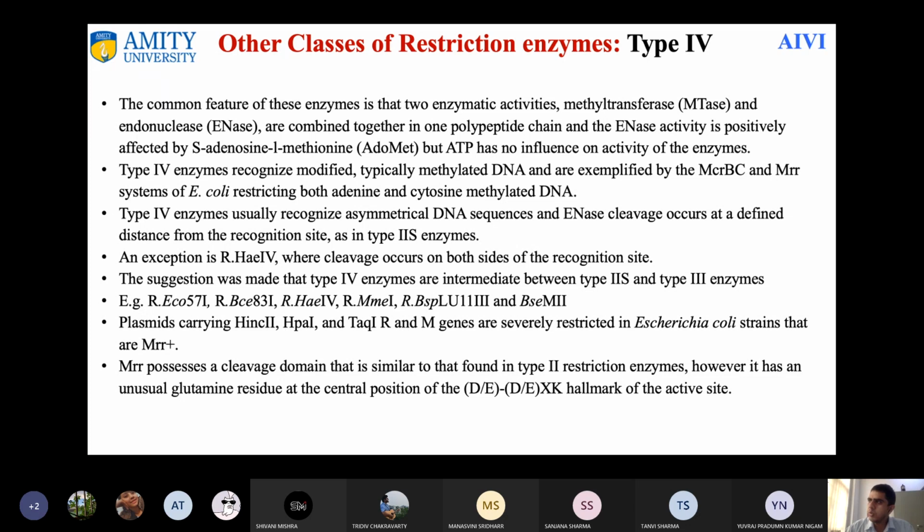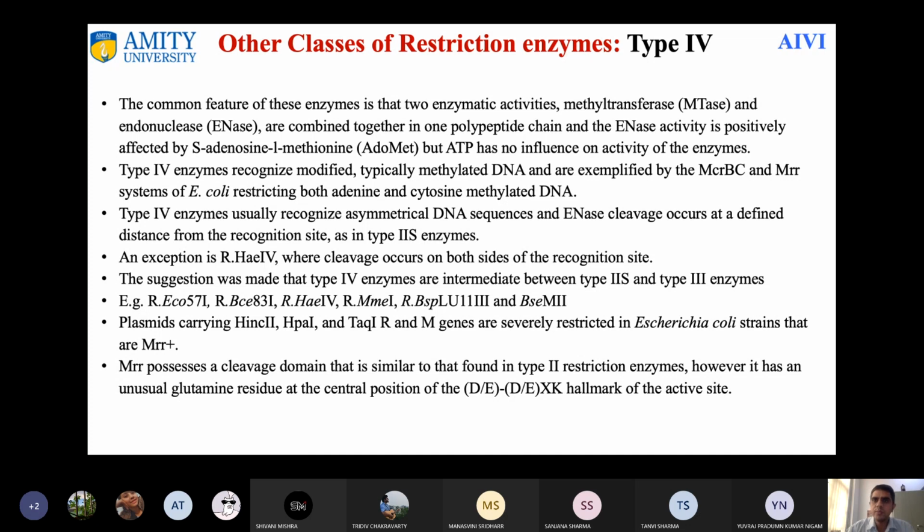Until now, with type 1, type 2, and type 3, we are saying restriction and modification system, and if the site is modified, that means methylated, then it won't produce a cut. But type 4 is the one which recognizes the methylated sequences. It means if your recognition site is methylated, then it will produce the cut. So this is another.